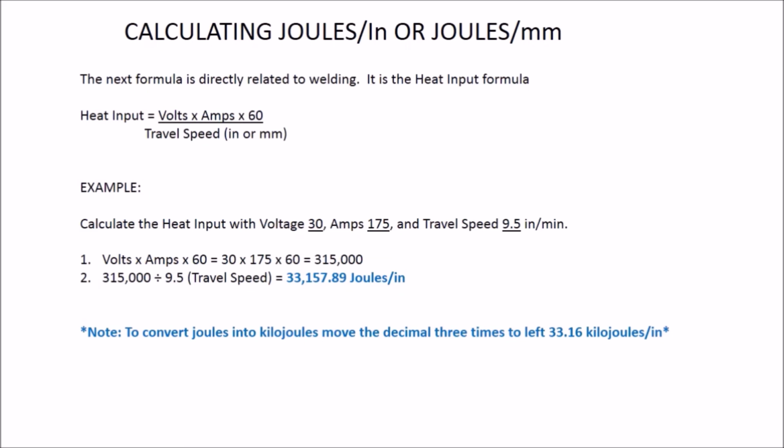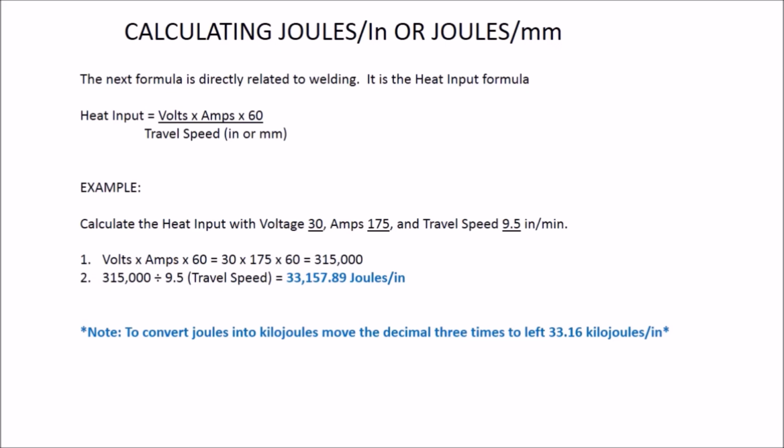Calculate the heat input. You have a voltage of 30, amperage of 175, and travel speed of 9.5 inches per minute. So volts times amps times 60 equals 30, which is the voltage, times the amperage, 175, times 60 equals 315,000.